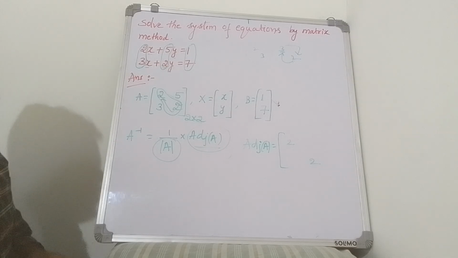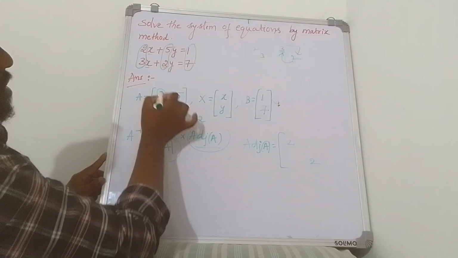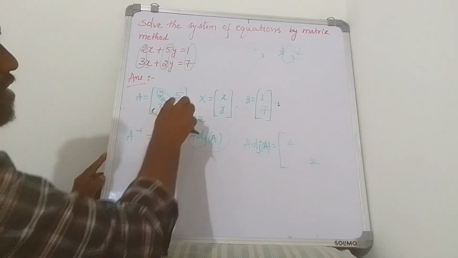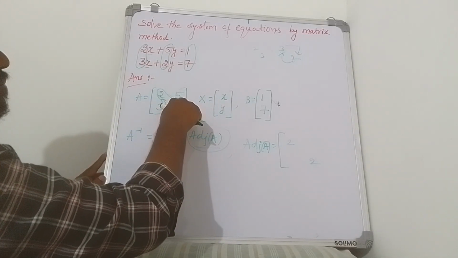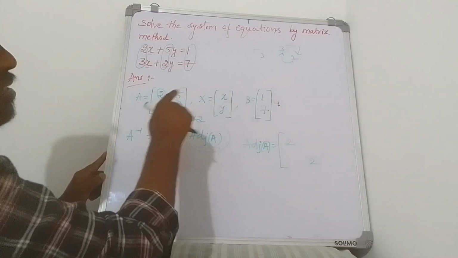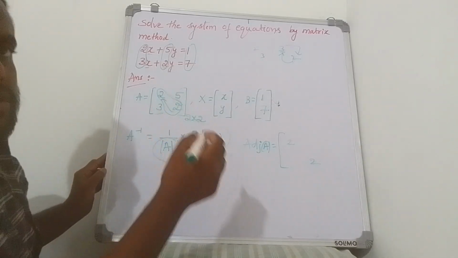Okay. So next, these elements are done, right? Now consider this and this. Change the signs of these. That means if plus is there, we have to make it minus. If we have minus, we have to make it plus. Here 5 is plus 5.